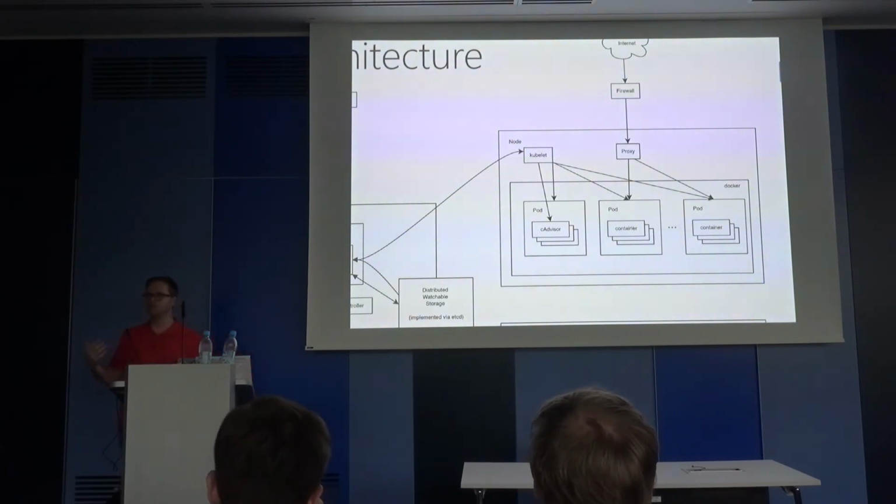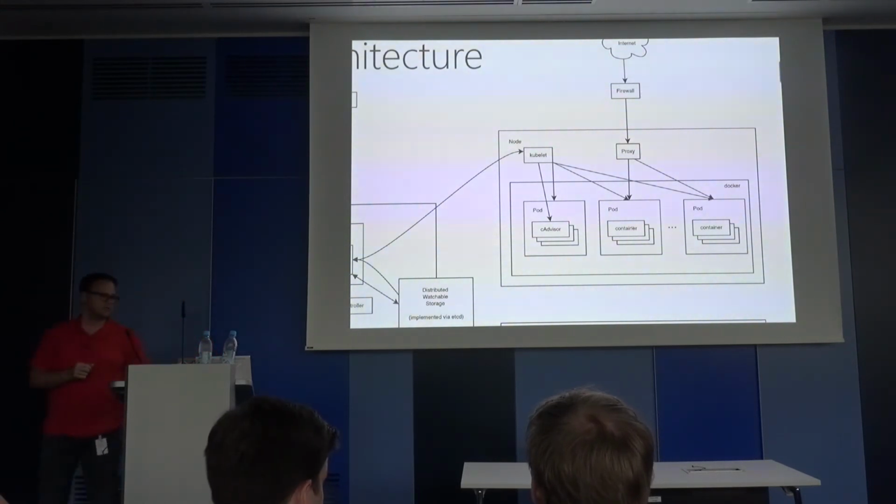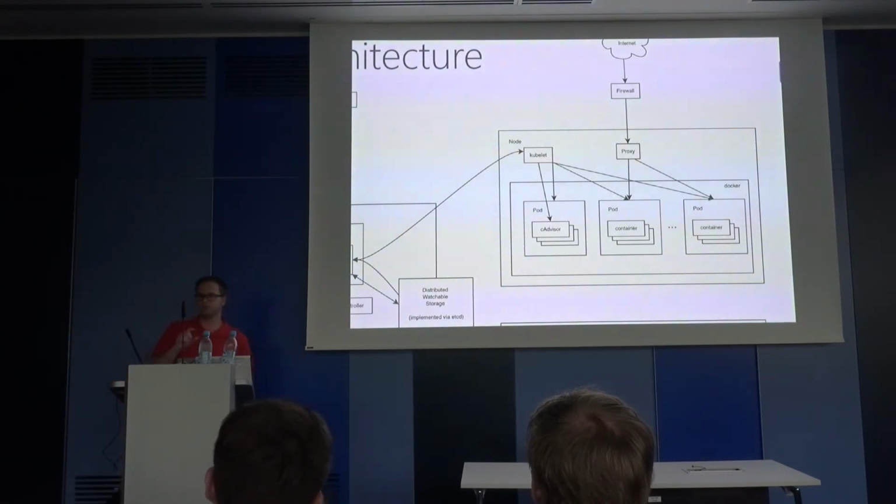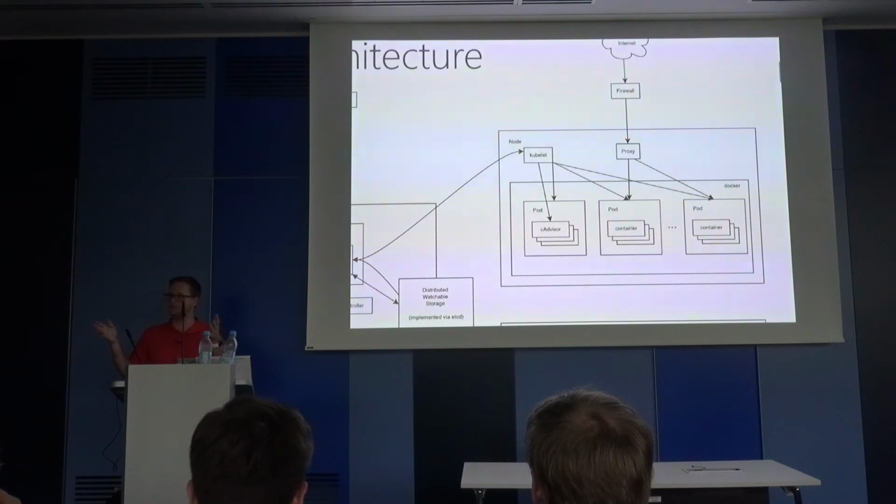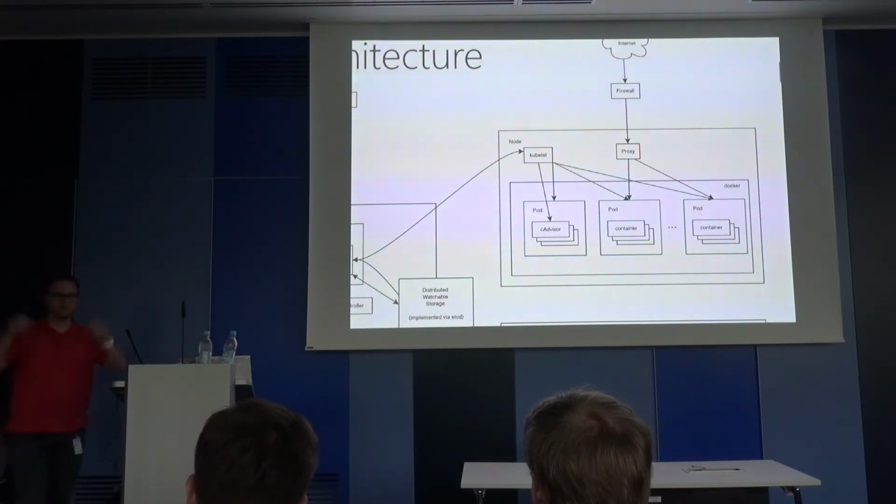In that case, you want to host multiple containers in a single pod. So a pod can be thought of as an IP address, basically. So every pod has a unique IP address in the cluster, and you can specify the individual containers within a pod through port mapping.